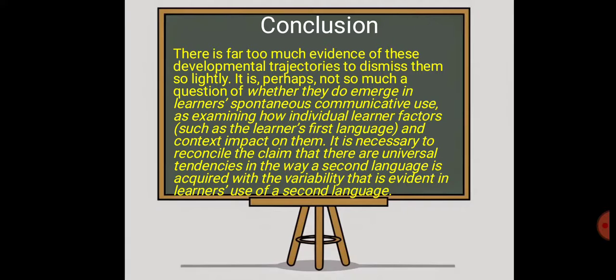It is necessary to reconcile the claim that there are universal tendencies in the way a second language is acquired with the variability that is evident in learner use of a second language.